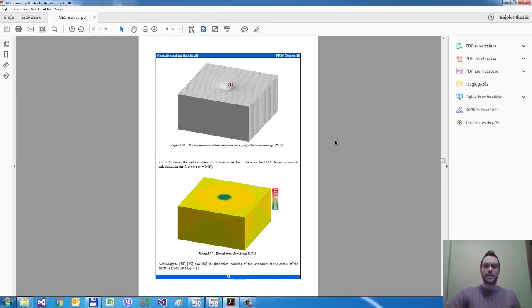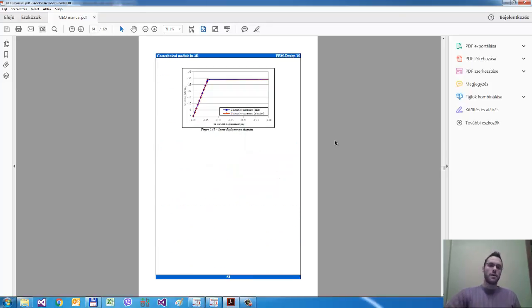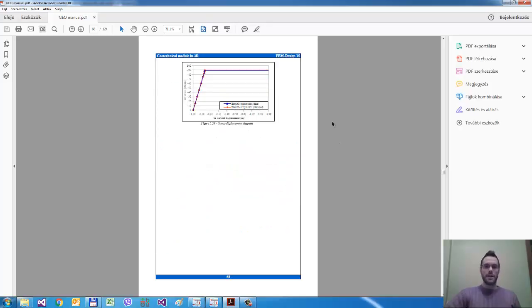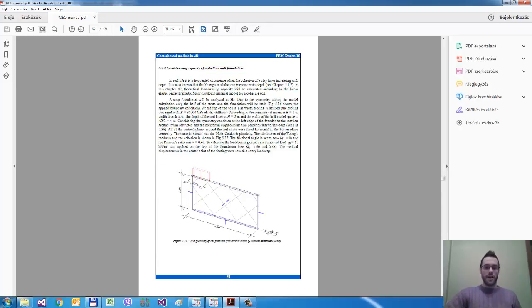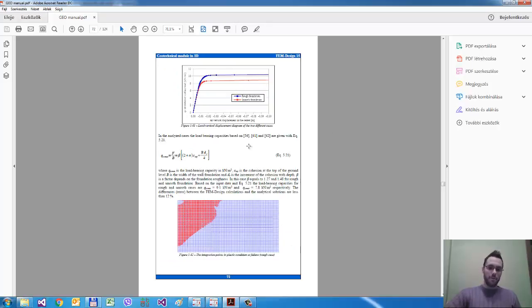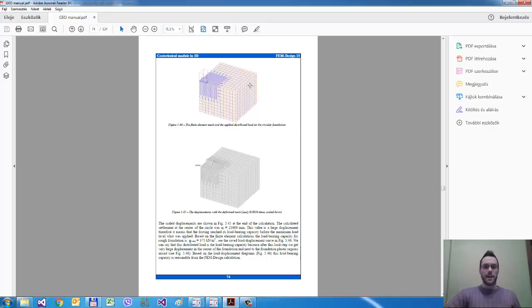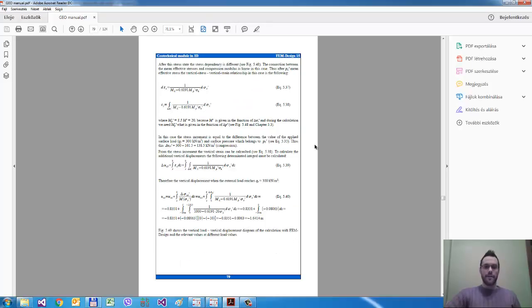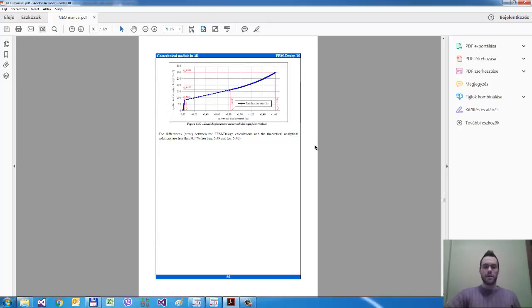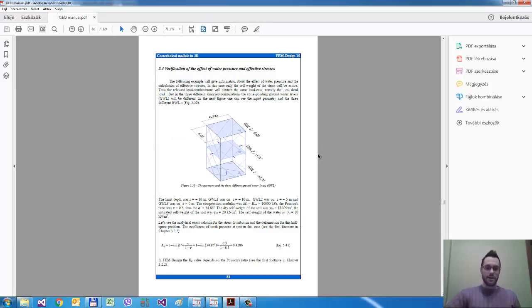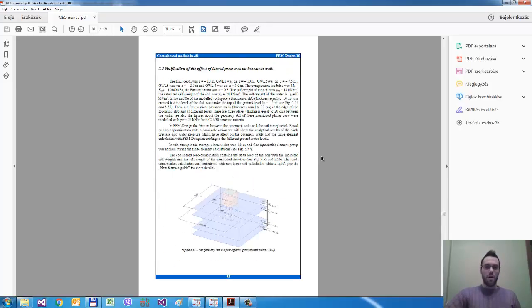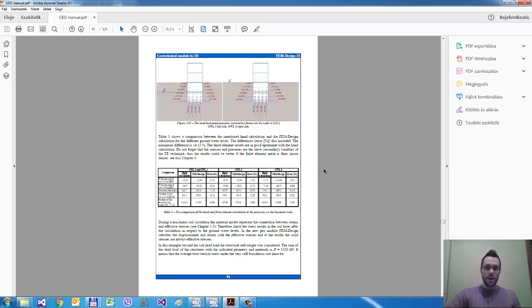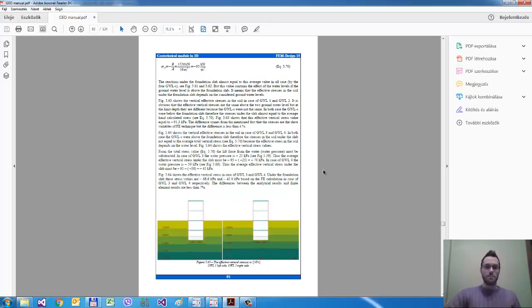So you can find here a load bearing capacity calculation, a plasticity calculation, an effective lateral pressure and water pressure calculation on side walls and on basement walls, and several benchmark problems and verification and validation calculations of the main features we can do with the new FEM-Design 3D model.